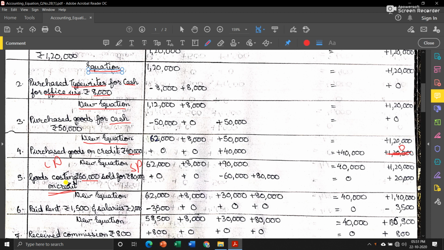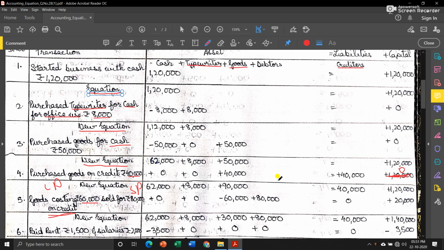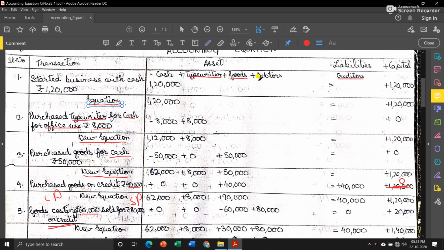Then we sold for 80,000, that means we haven't received cash yet, but we will receive it in future. That means it is a kind of asset for the business, means we will be receiving 80,000 in future. So we will add one more heading on the asset side, that is debtors. Debtors are the people from whom the business will receive money in future.